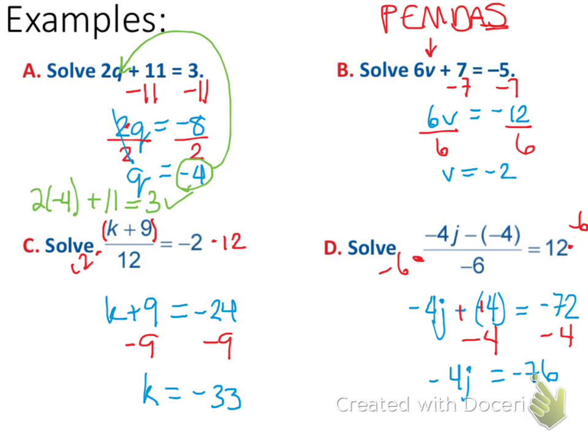And now I need to do the multiplication, division. Divide both sides by a negative 4. And that gives me that j equals a positive 19. And remember, we can check this by plugging it back in as j. Negative 4 times 19 plus 4 divided by negative 6 should give us a positive 12.